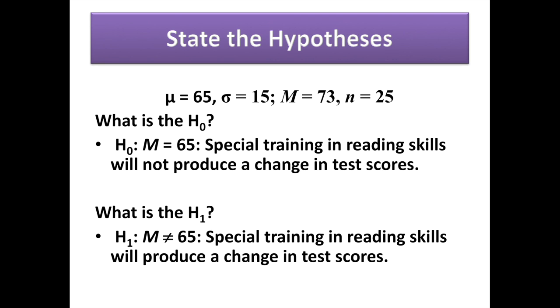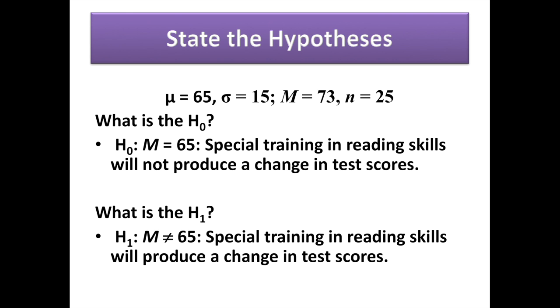Okay, again, mu 65, standard deviation of 15, and a mean of 73 with 25 people in the study. So the null hypothesis is mathematically mean equals 65. In English, special training in reading skills will not produce a change in test scores. So mathematically, pretty short and simple: mean equals 65.